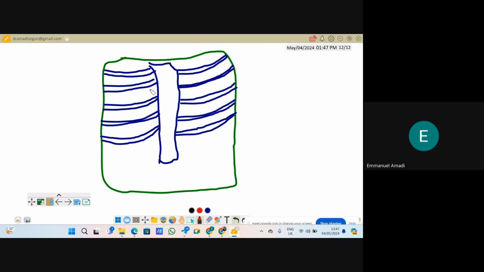Now, this is the first valvular area or murmur area. This is the right, this is the left. So when you talk about your second intercostal space to the right of the sternum, that is where you have your aortic area. So this is the aortic valve area.